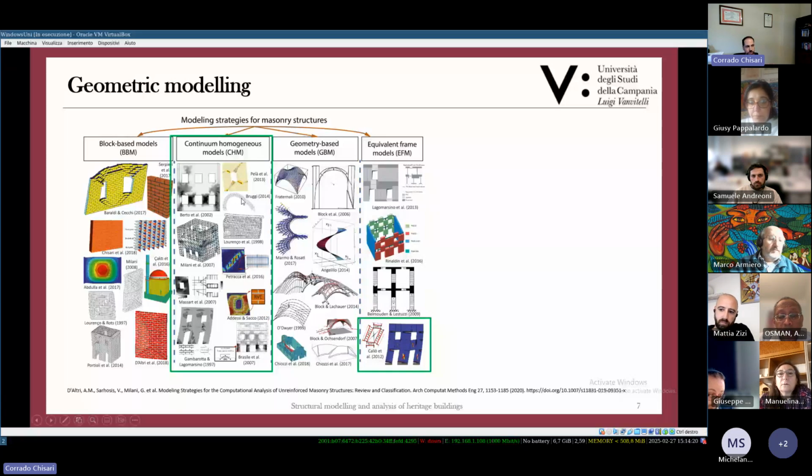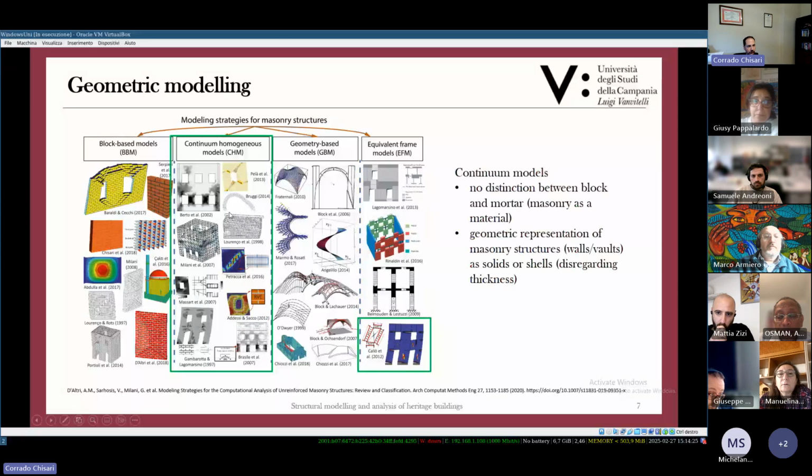I think in this project, in the WRENCH project, we will focus on 2 main levels of modeling: the continuum homogeneous model, in which we have no distinction between block and mortar, and masonry is considered as a unique material, and the representation of masonry structure, or basically of each part, is made by means of solid and shell elements.